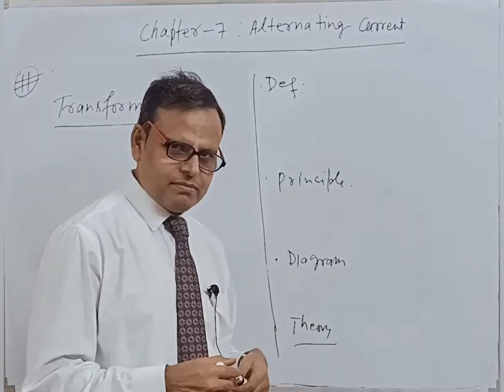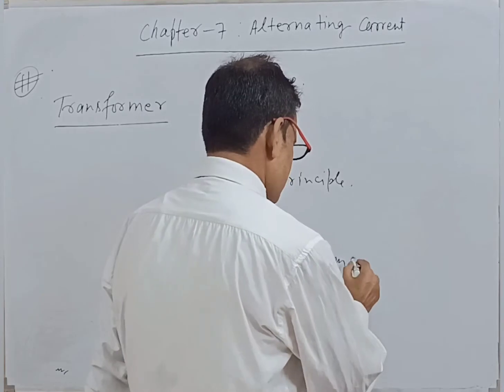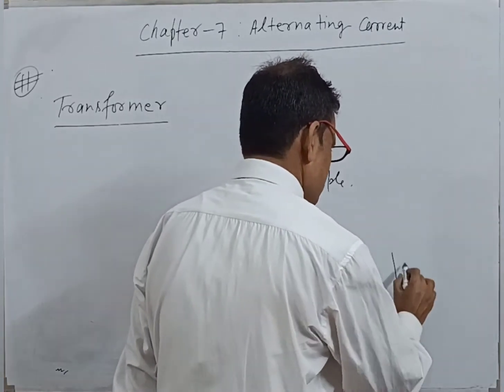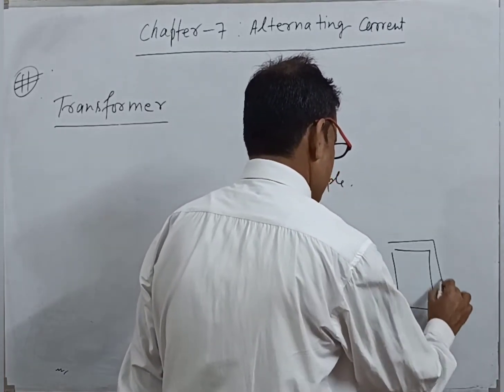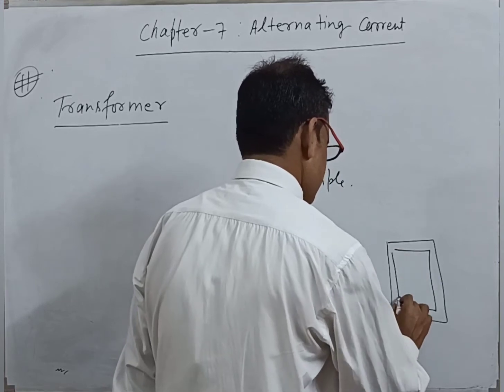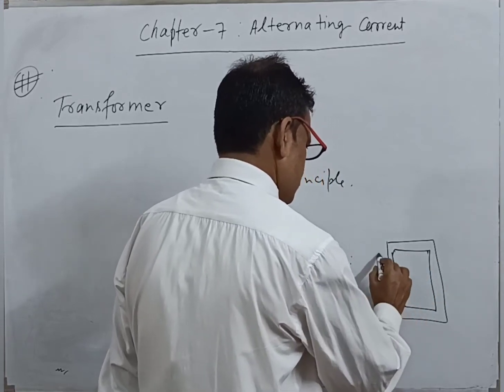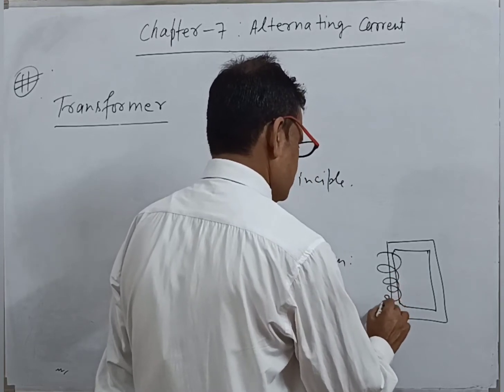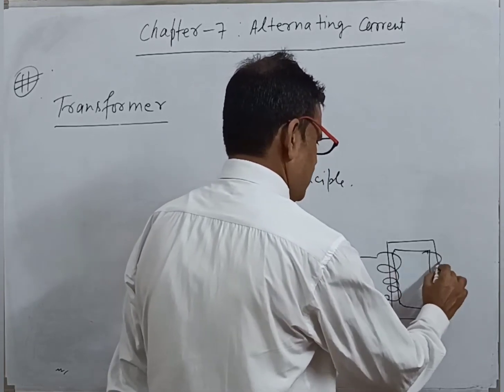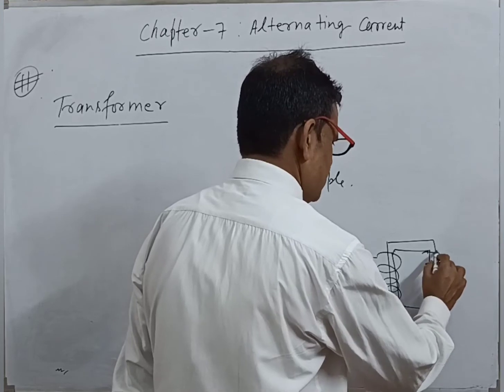And diagram, very simple diagram. You can take iron core here and coils, insulating coils, and here secondary coil.